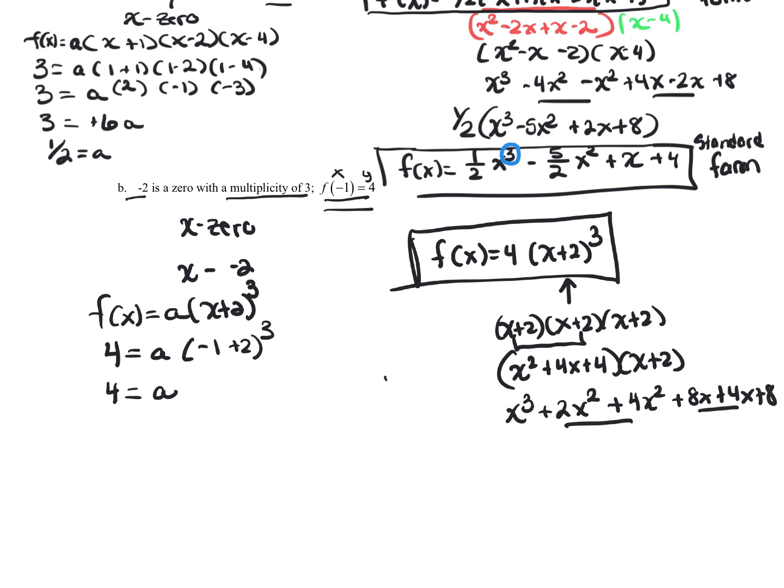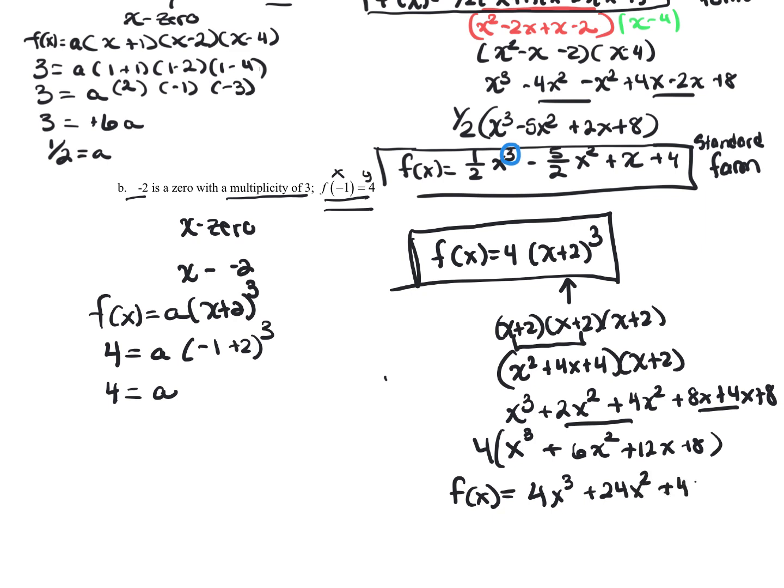Combine like terms. X to the third plus 6x squared plus 12x plus 8. And then final step, that 4 out front. So in standard form, it would be 4x to the third plus 24x squared plus 48x plus 32.